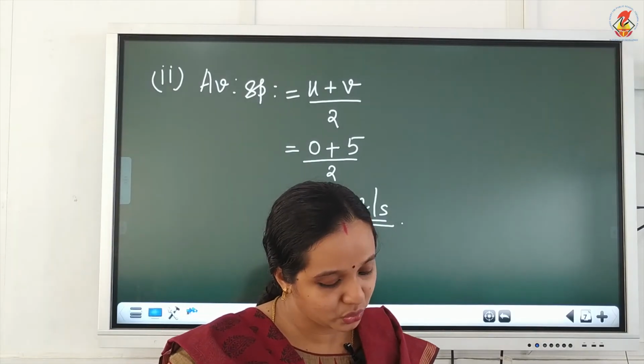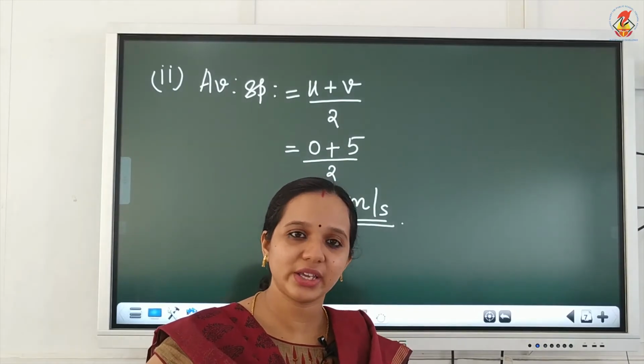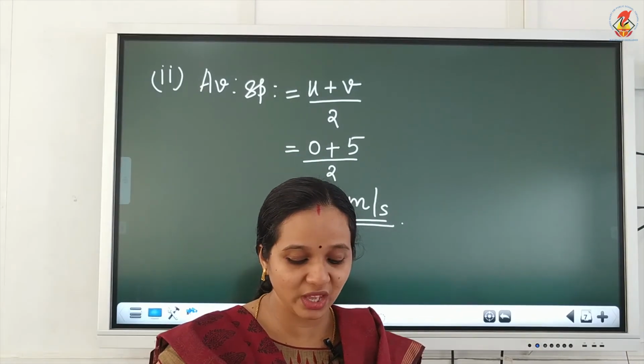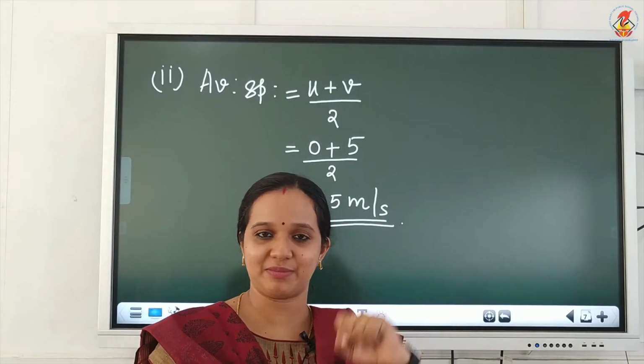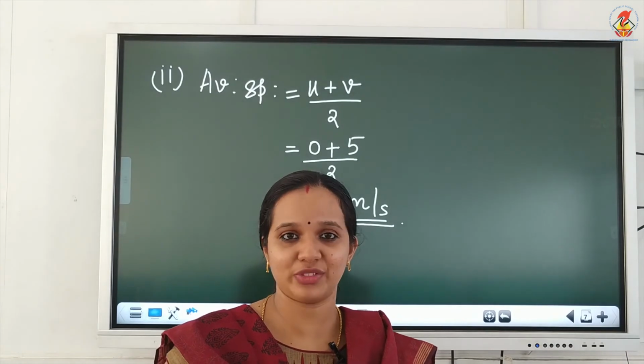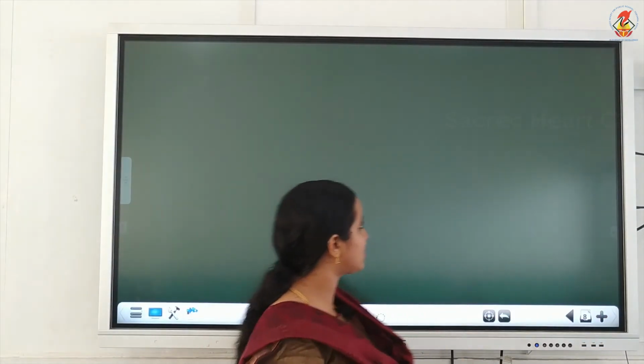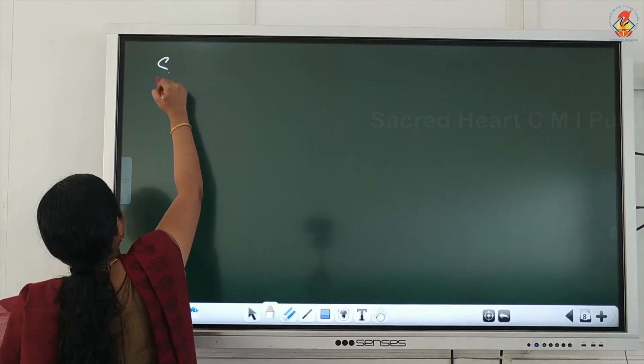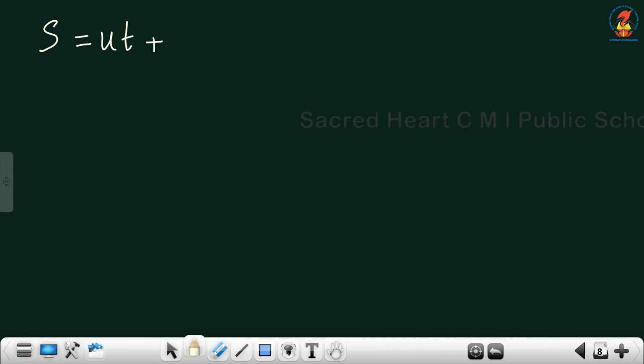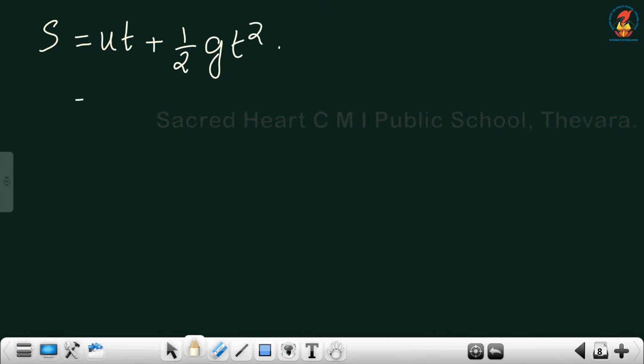Now, subdivision 3 is, how high is the ledge from the ground? How high means you need to find the height of the body or the distance. To find height or the distance, we have the formula s is equal to ut plus half gt square.